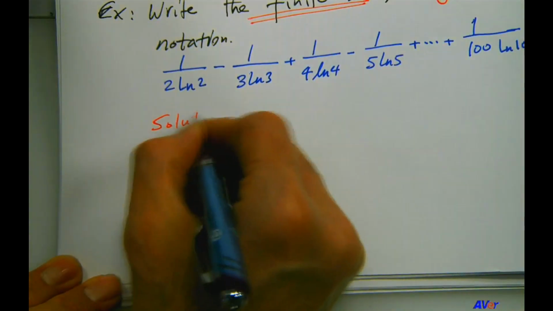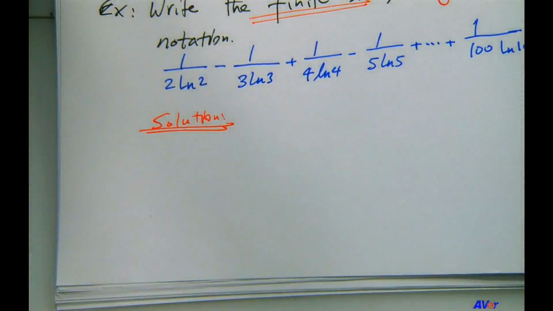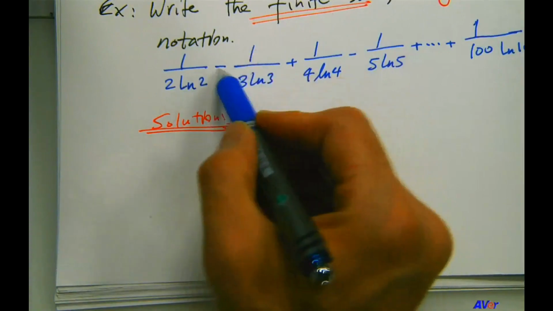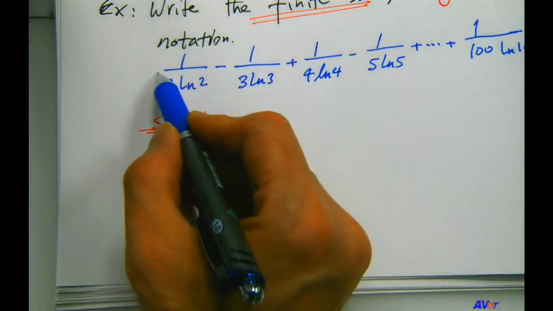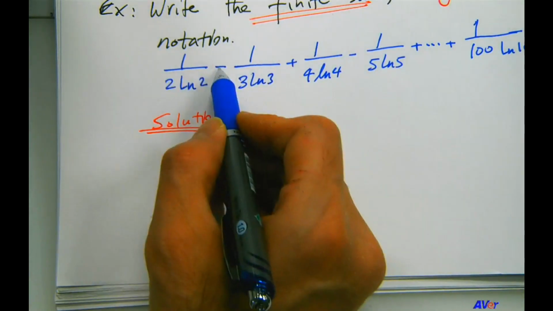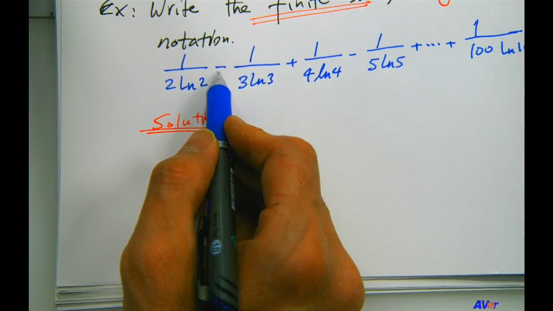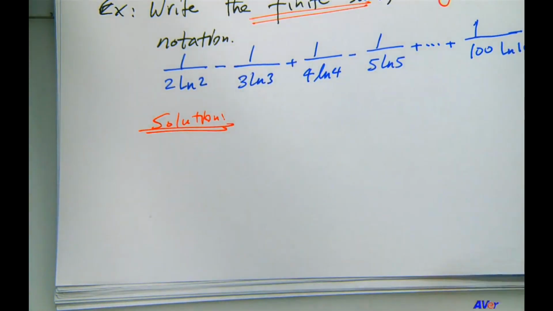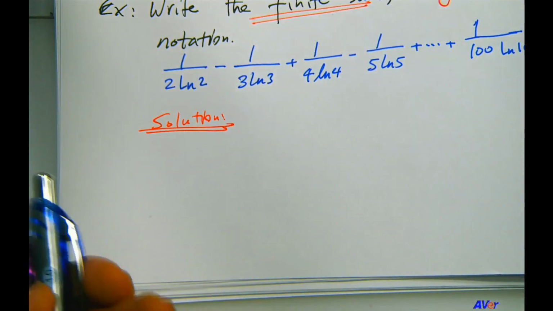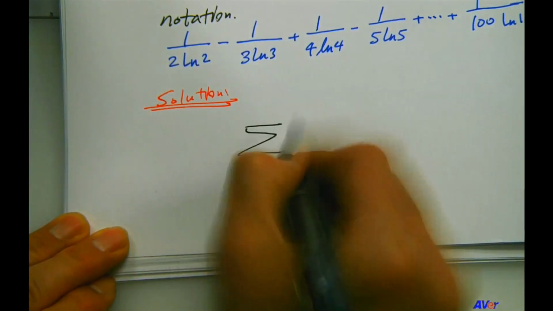Okay, so let's write it down. Here's the solution. And notice the alternating algebraic sign. It starts with positive, then for the second term, it's negative. So then the power should reflect that. So we have sigma. We have to be careful here.